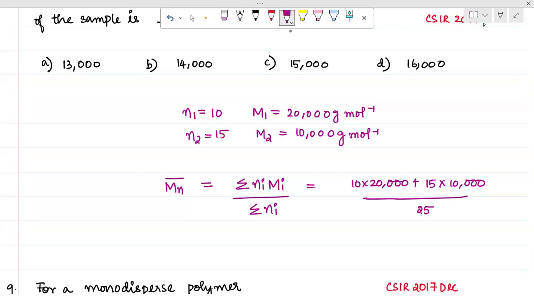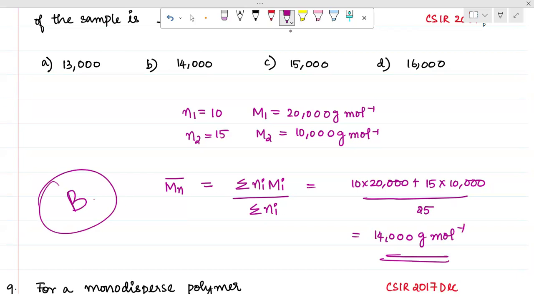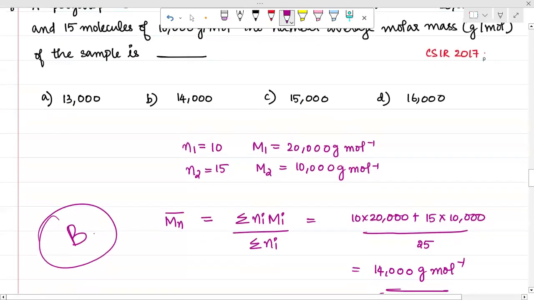Plus you have 15 into 10,000, correct? Divided by 25. So you are getting 14,000 grams per mole. Option B. Option B, easy, asked in 2017.